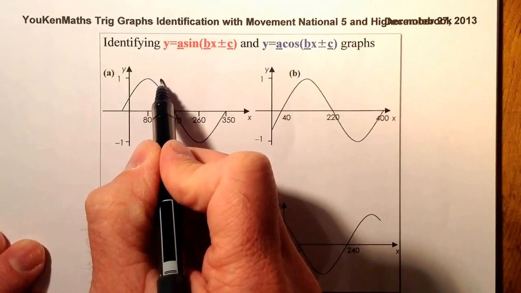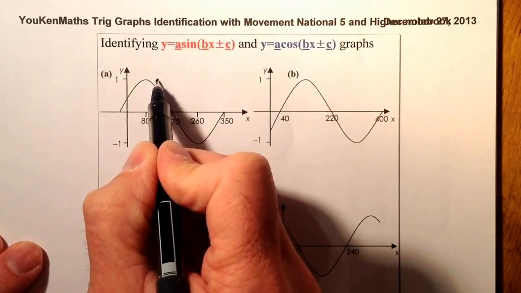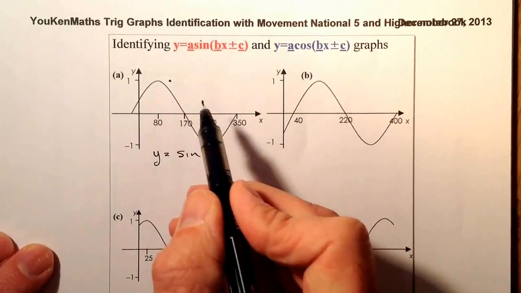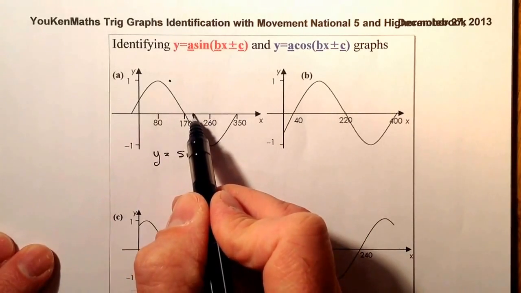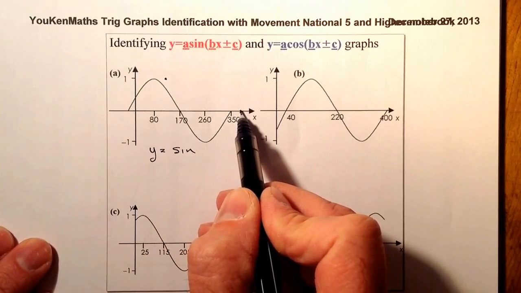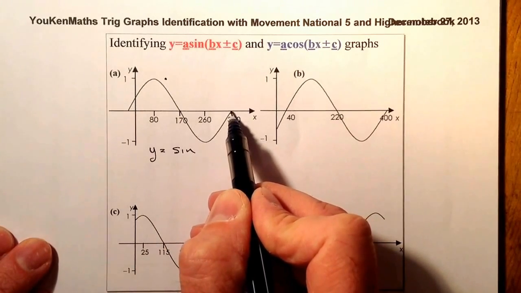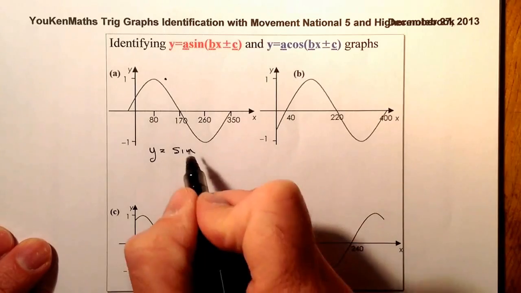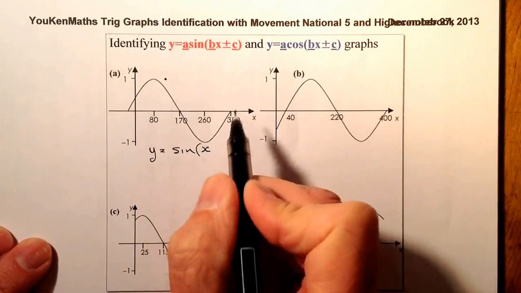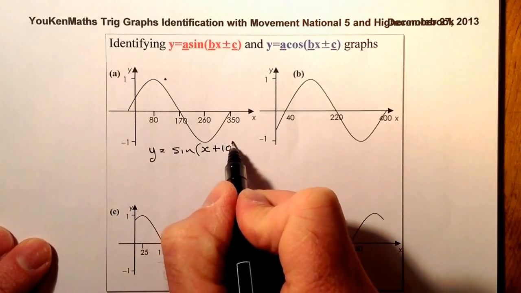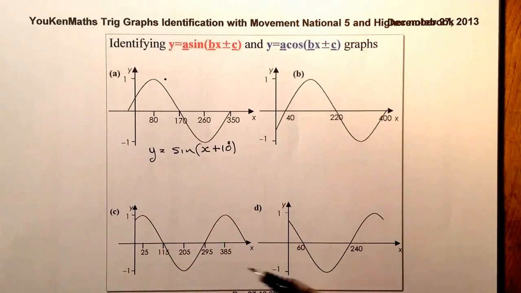Normally that would be at 90, so I've moved it 10 degrees to the left. Normally it would come through at 180, so it's moved 10 degrees to the left. Normally it finishes at 360, moved 10 degrees to the left. So this one here will be x, and the C value that I'm going to put in here is a plus 10. Remember, this is just a bit awkward because moving to the left is a positive.